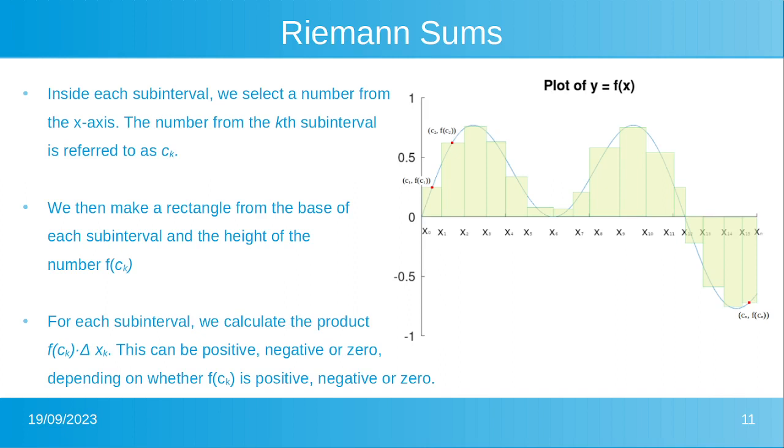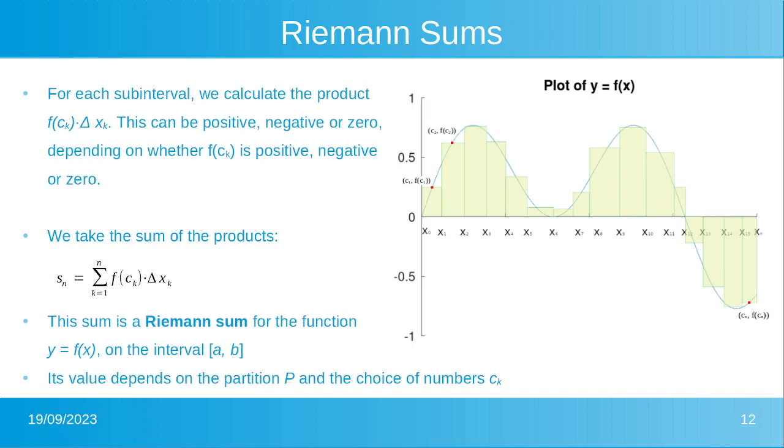Now this product, f of ck times delta xk, can be positive, negative, or zero, depending on whether f of ck, the height of that rectangle, is positive, negative, or zero.